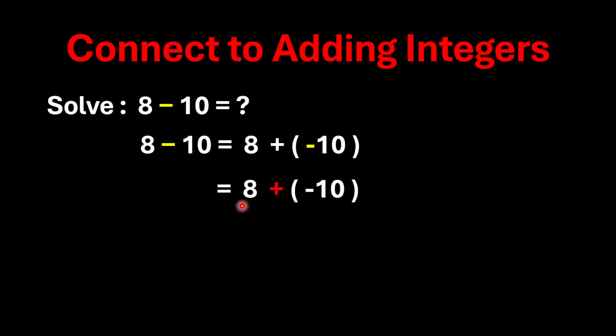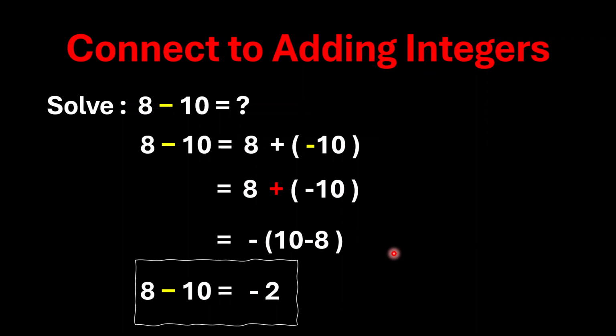The number that has the greater absolute value is minus 10, so the sign of the result is minus. We keep the sign, and between parentheses, we calculate 10 minus 8, and the result is minus 2.